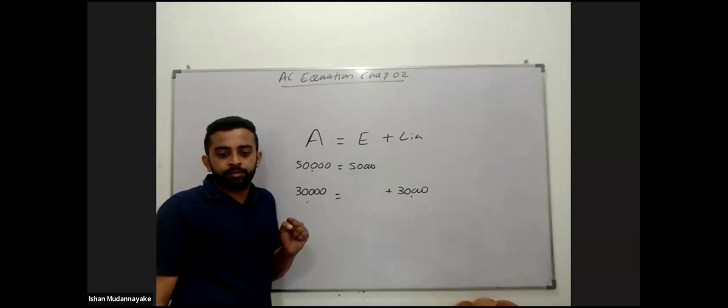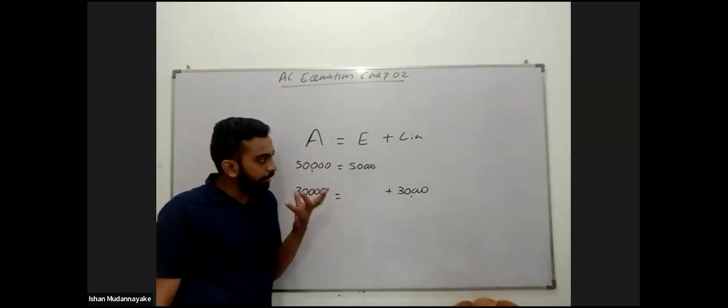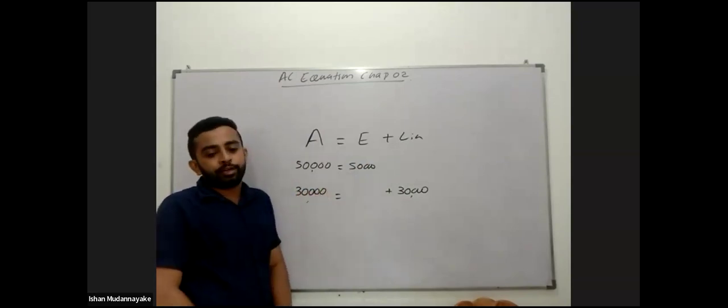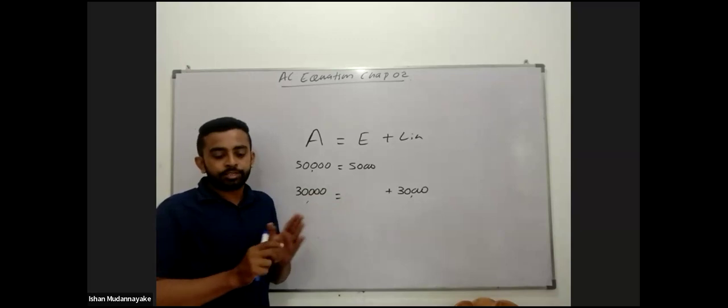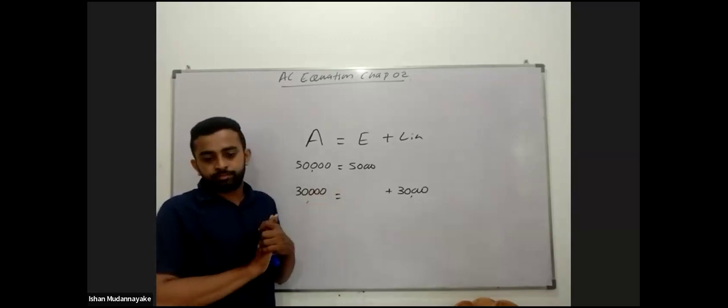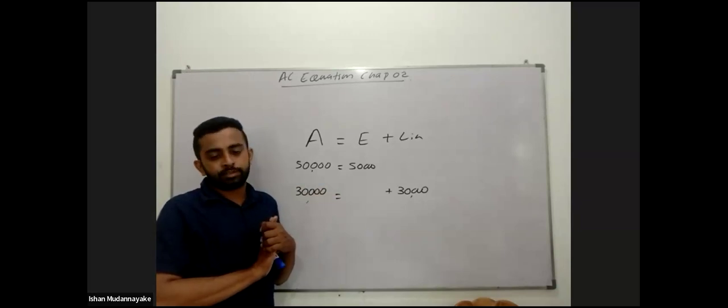That is called the dual impact of a transaction. Every transaction has a dual impact in accounting, affecting two sides: the debit side and the credit side.